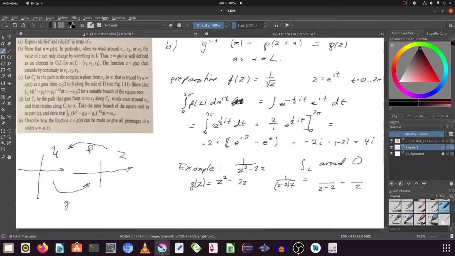If we multiply this by z and let z tend to 0, it's minus 2, so it's minus 1/2. And the same here, if we multiply by z minus 2 and let z go to 2, it's 1/2. So we'll just check. Half is z, minus half is z, plus 1. That agrees.